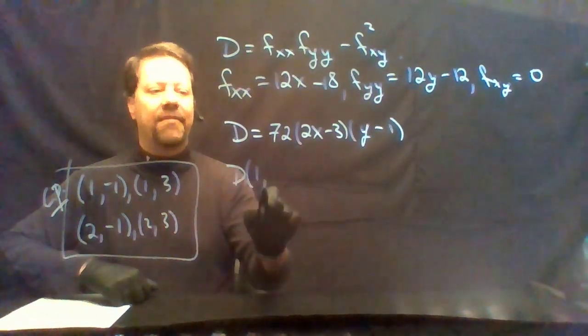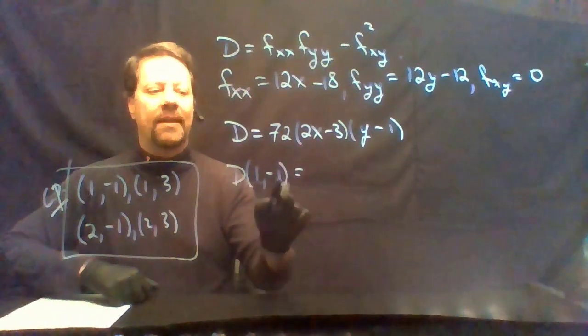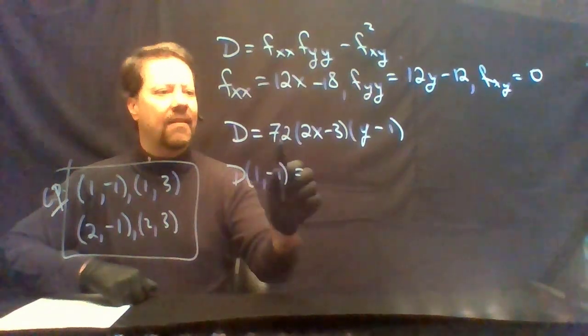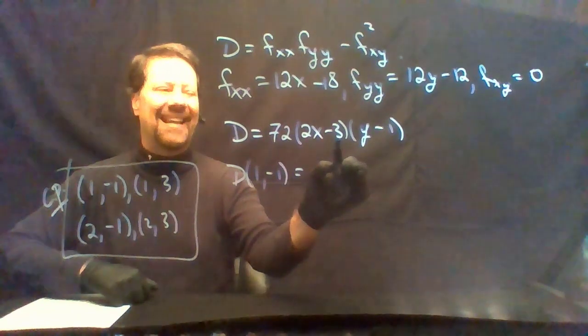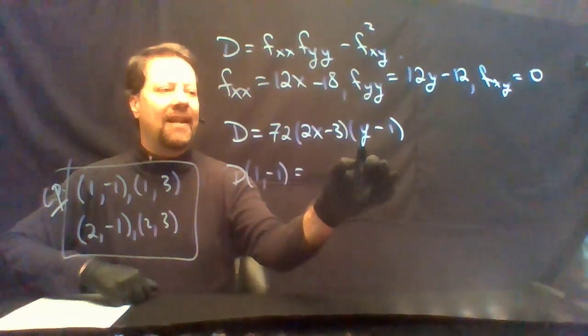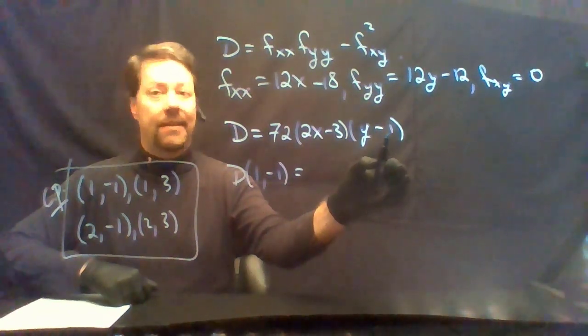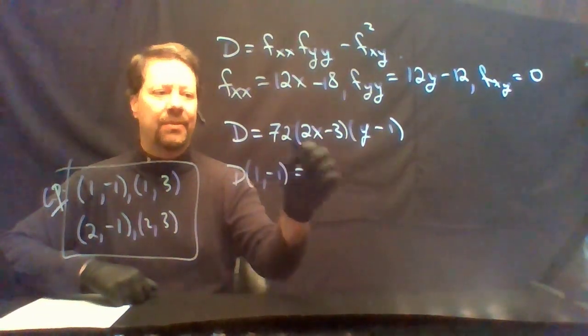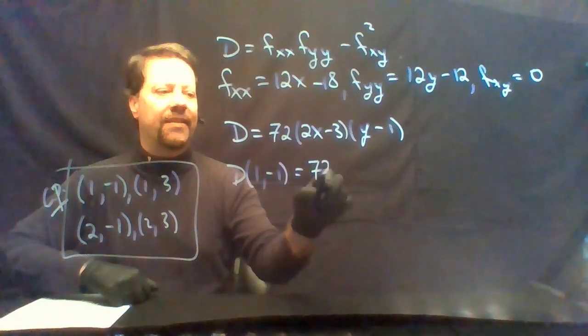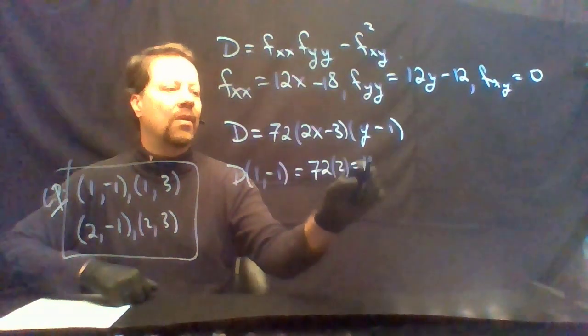The discriminant evaluated at 1, minus 1: 72. 2 times 1 is 2, minus 3 is negative 1. Negative 1 minus 1 is minus 2. Negative 1 times minus 2 is positive 2. We get positive 72 times 2, or 144.